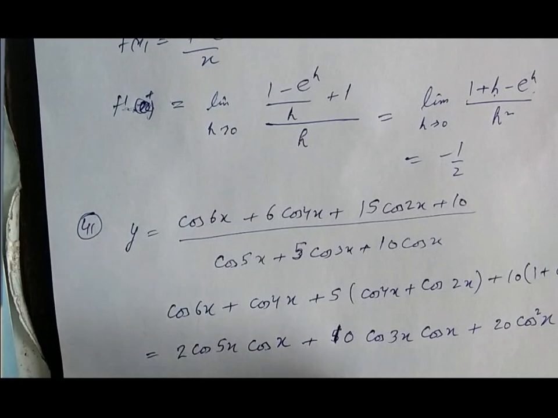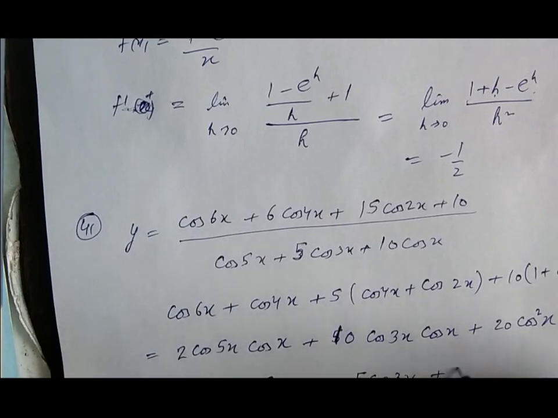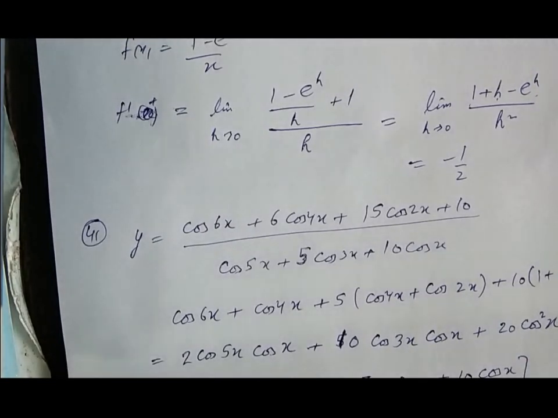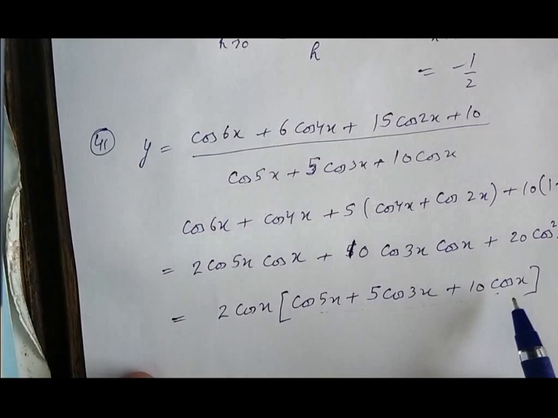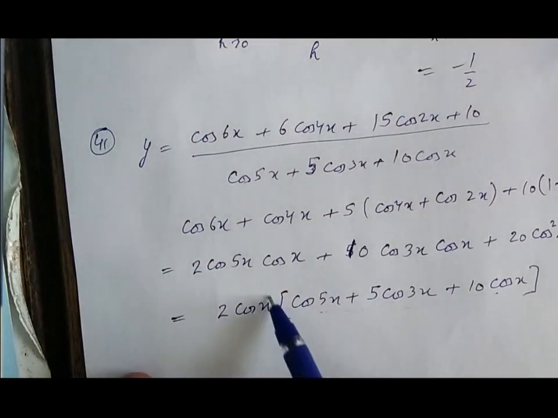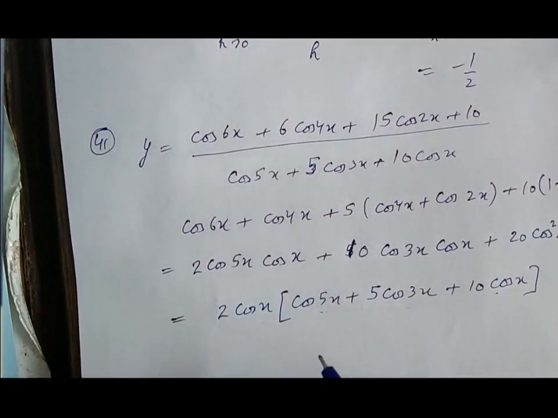Take twice of cos x common, we get cos 5x plus 5 cos 3x plus 10 cos x. Okay, so this will cancel out with the denominator, and you can easily calculate differentiation of 2 cos x. Moving to next question, question number 42.